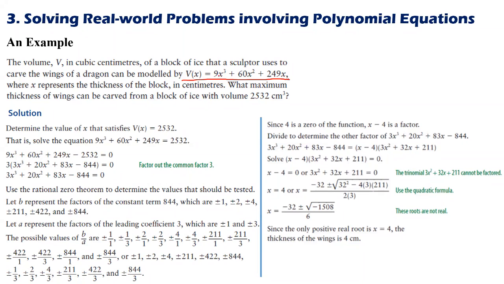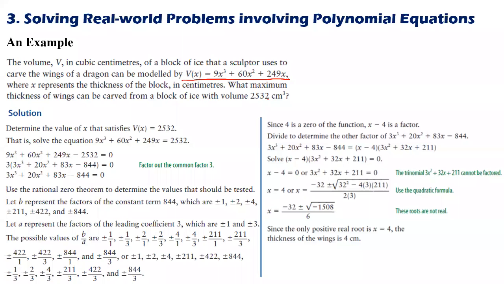V(x) is 9x cubed plus 60x squared plus 249x, where x represents the thickness of the block in centimeters.